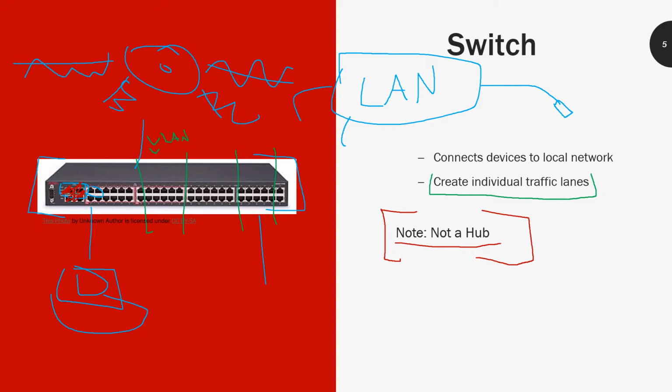Let's say your computer sends out a signal, and if it doesn't know where it's going, it's going to send it out of here, here, here, here, here, everything except for this one. That's actually a question for a CCNA, but now you know for free. You're welcome. So it's only going to do it for this VLAN, and that's what modern switches do.